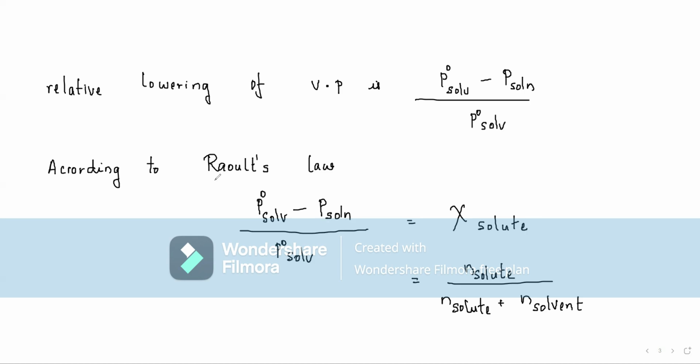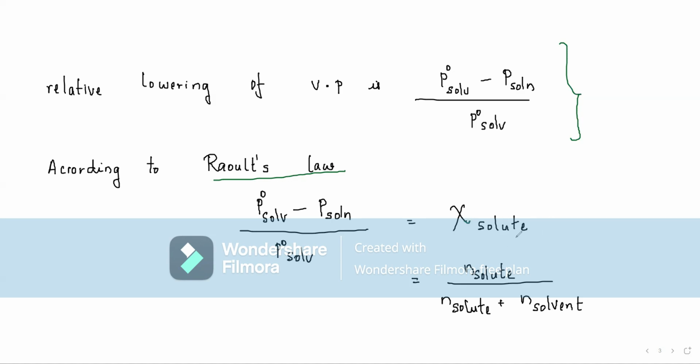But in Raoult's law, we have studied that this particular term, P naught minus P by P naught, is equal to the mole fraction of the solute. So now, relative lowering of vapor pressure is equal to the mole fraction X of solute.